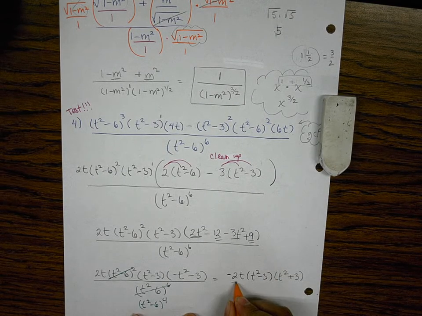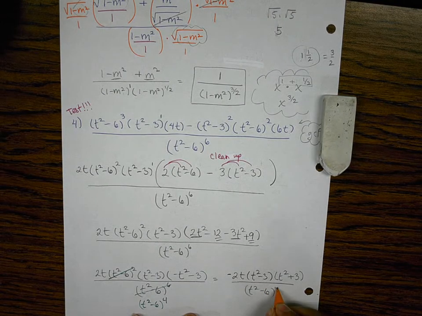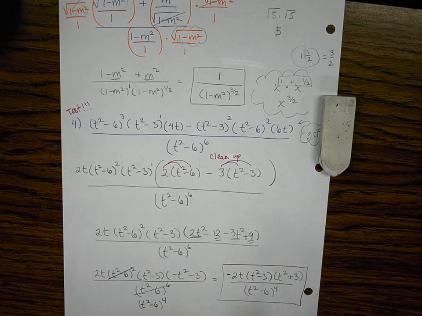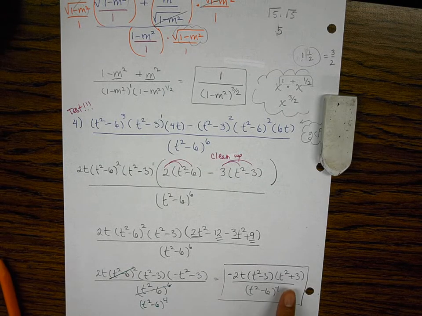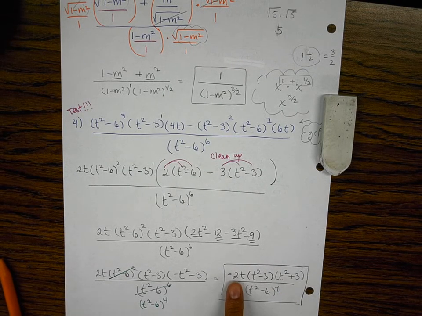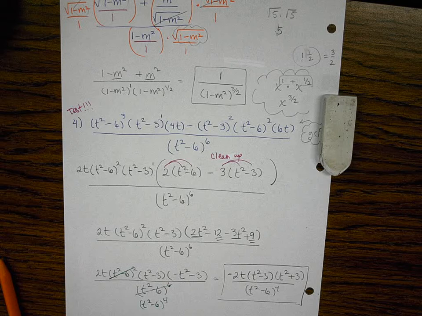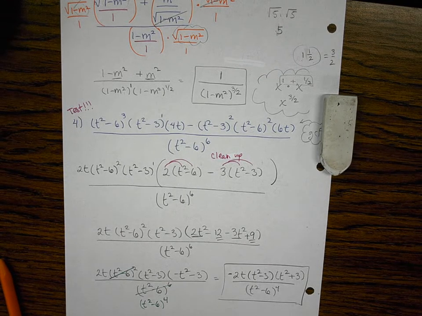Taking out the negative here gives me a positive t squared plus 3 all over t squared minus 6 raised to the fourth power. And if you did not want to take out that negative, you would have just left it in there, and that would be positive out here.